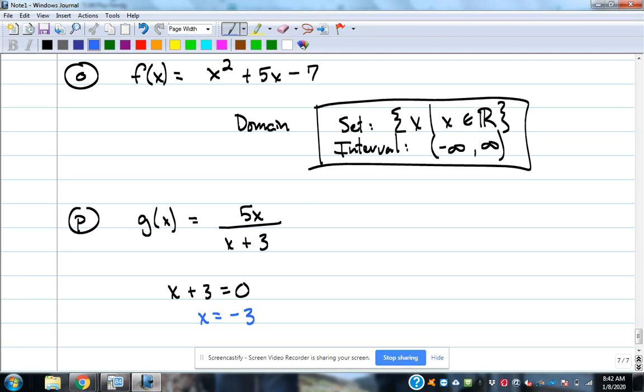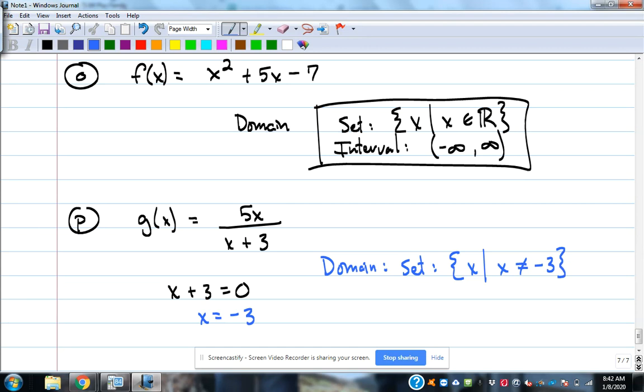Okay? So this is an excluded value. So we're going to exclude it from our domain. So then I'm going to show you how to do that. So in the set notation, x, and then the straight up and down bar, that's all x's such that x does not equal negative 3.